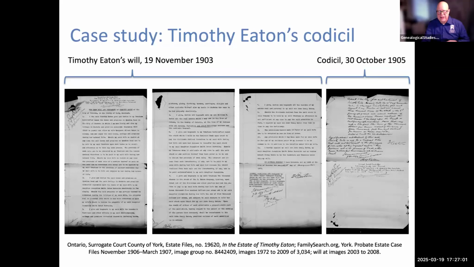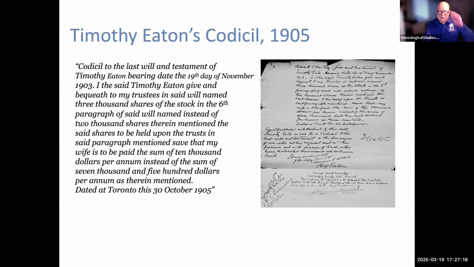But what happened here? He had his will, that's the 3 pages, but then there's this page here that is in handwriting. It's a codicil. It was signed almost 2 years later. And let's take a look at what happened. Well, the handwriting might be a little difficult to read, but the operative words are down here.